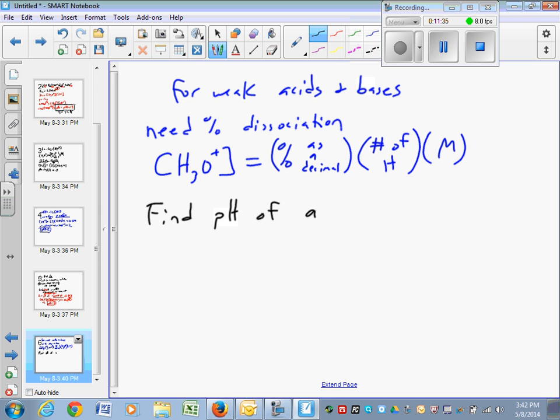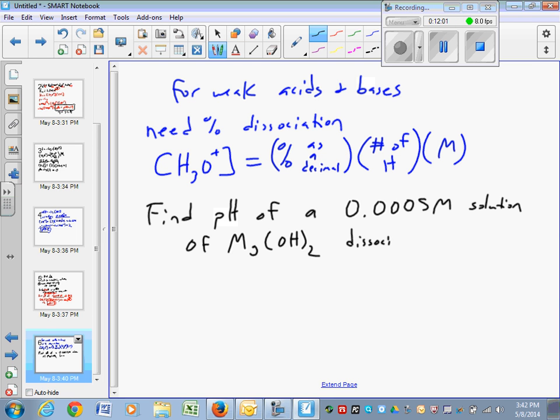So let's try finding the pH of, we'll go with a 0.0005 molar solution of magnesium hydroxide, which is a weak base, and it dissociates about 10%.